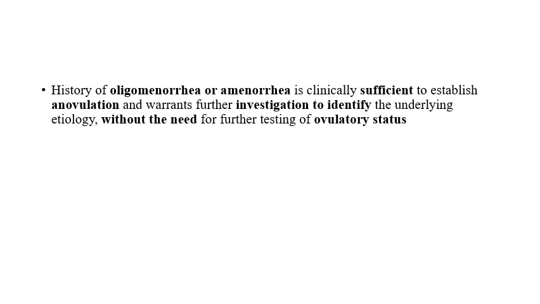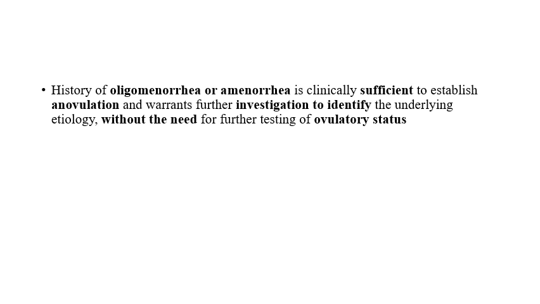In this condition, we need to find the cause of anovulation. For example, if the patient has a cycle of 45 days, we know the patient is anovulatory, and we don't need any ovulation test to prove it. We just want to know the cause of anovulation.